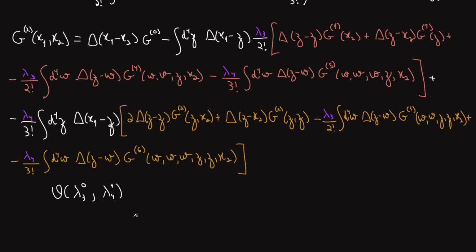Let's suppose I'm interested in that part of the 2-point function, right? So this first term stays, right, because this is the free theory contribution, but everything that is in red here goes away because this is all proportional to lambda 3 and I don't want any power of lambda 3, right? So I can ignore everything that's in red here.